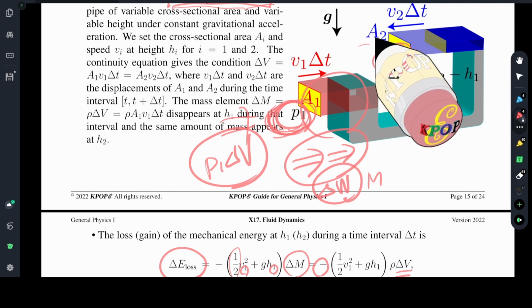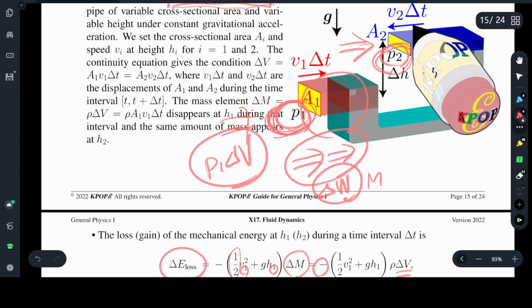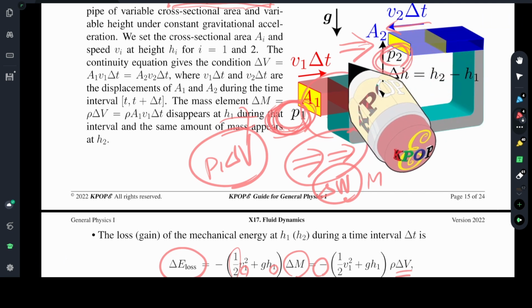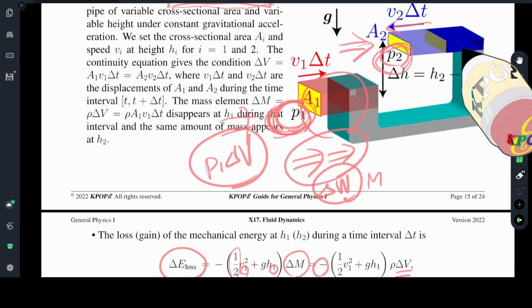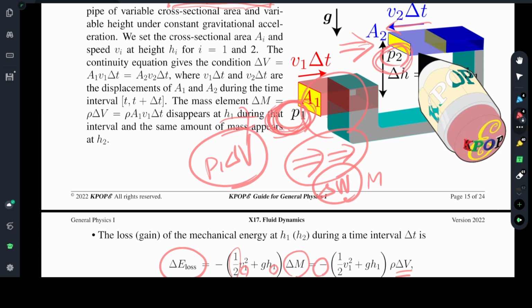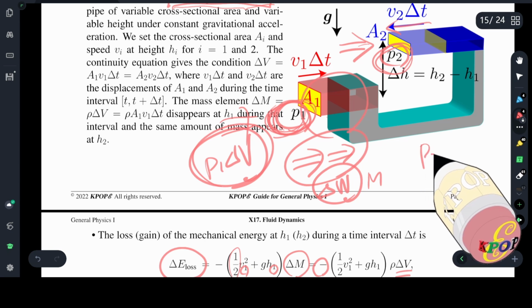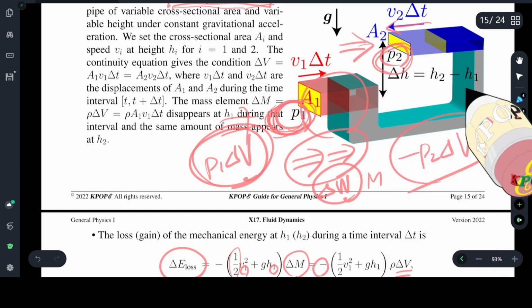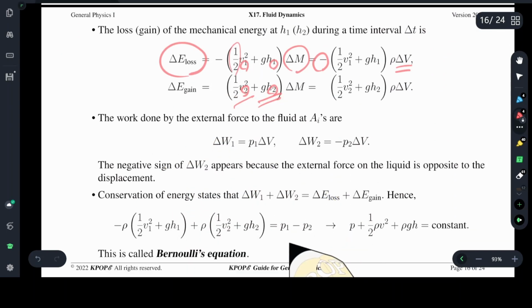In here, the pressure is the same direction, but displacement is to the left. That means the work done by the external force is negative. That means the liquid has carried out the work. So this is an input, and this, P2 delta V with a minus, will be the output. So we have to consider all of them together.